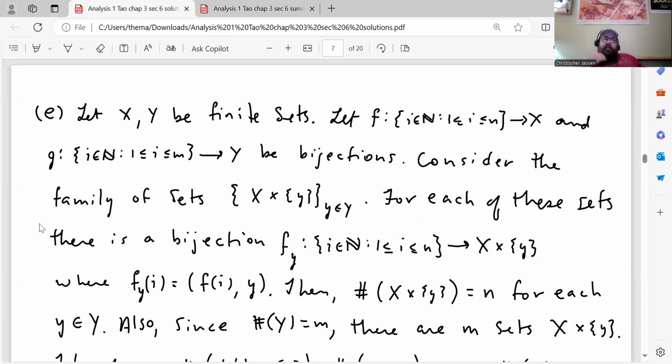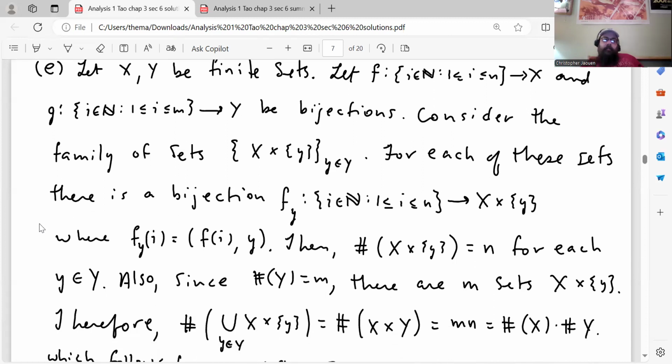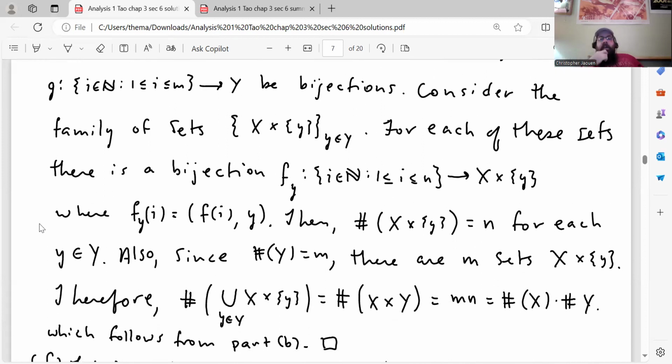For each of these sets, there's a bijection f sub y from 1 to n to X times the singleton set containing y, where f sub y of i is equal to the ordered pair f of i comma y. Then the cardinality of X times the singleton set containing y is n for each y in Y. Also, since the cardinality of Y equals m, there are m sets X times the singleton set containing y.